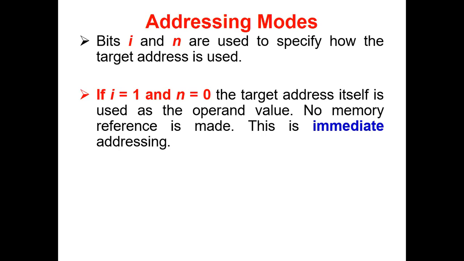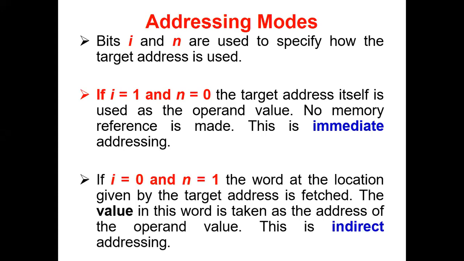So if I is 1 and N is 0, the target address is the operand we need. We don't pick the contents of the target address, but we only pick the address itself. So this one is called the immediate addressing. That's when I is a 1 and N is a 0.